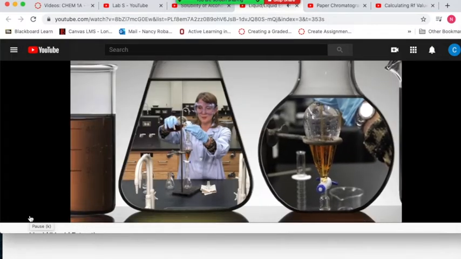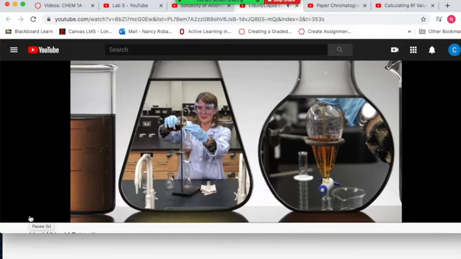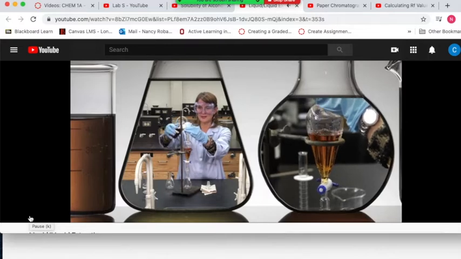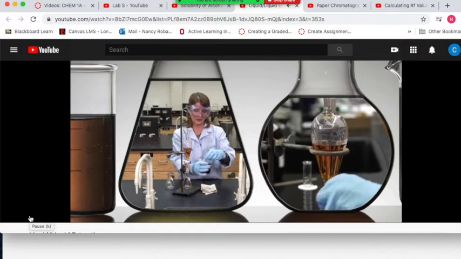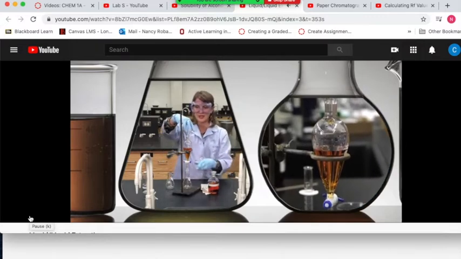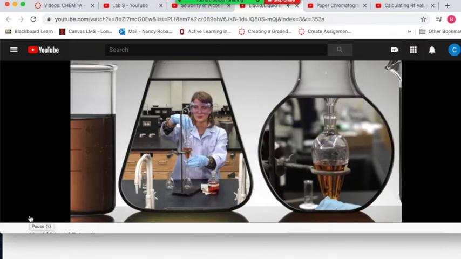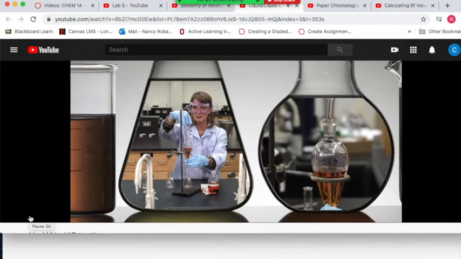The rule of thumb is that the phase you're extracting, in this case is the aqueous phase, is about 2/3 of the separatory funnel, and the solvent you're going to use should be about 1/3.